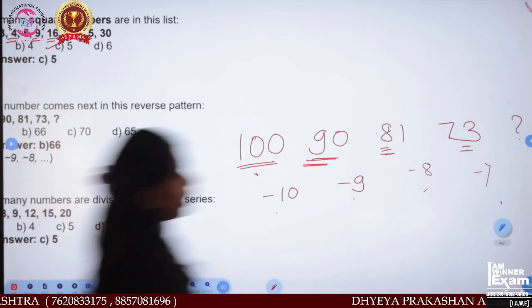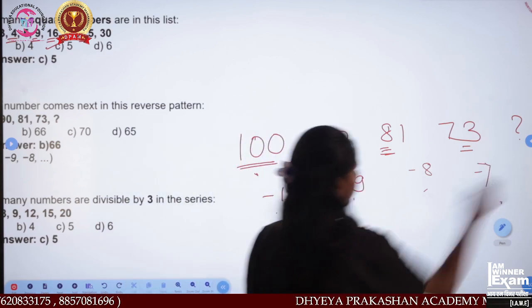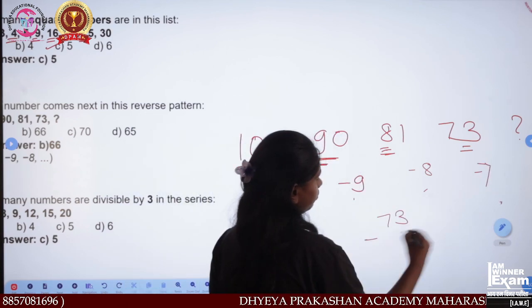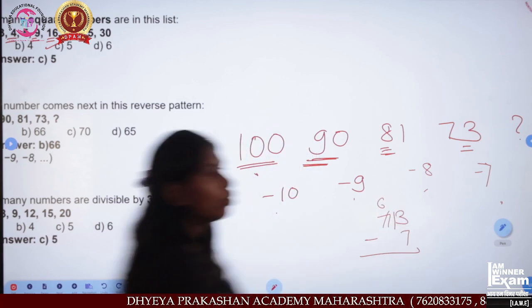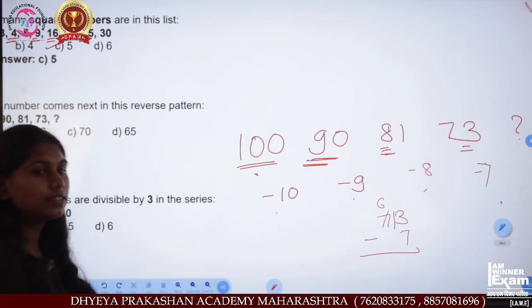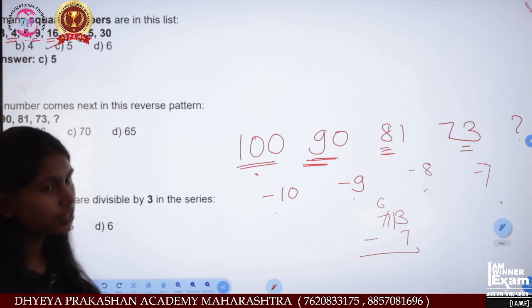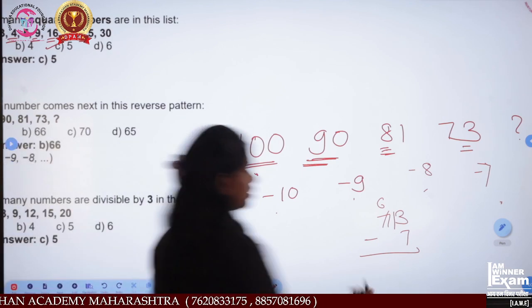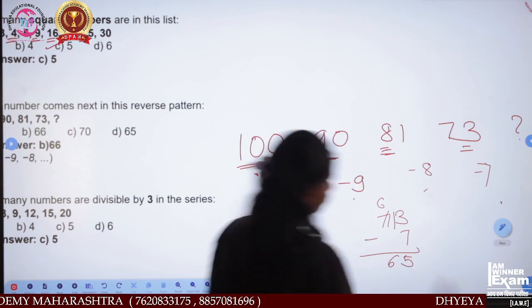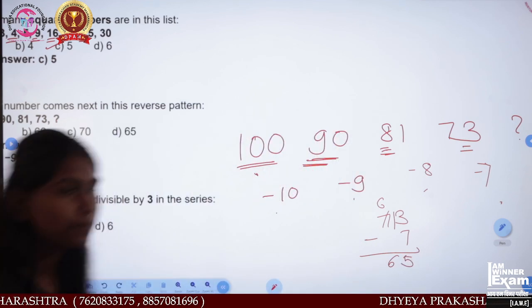So let's minus 7 from the 73. Okay, so 13 minus 7. What will be your answer? That is 65.